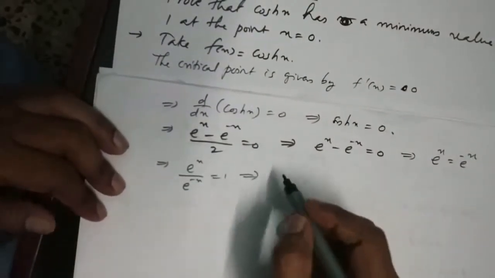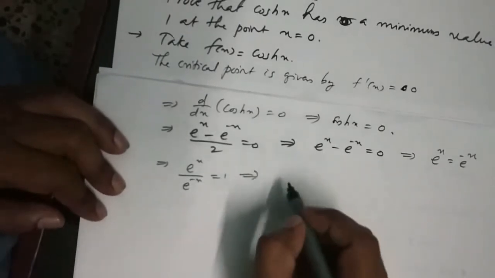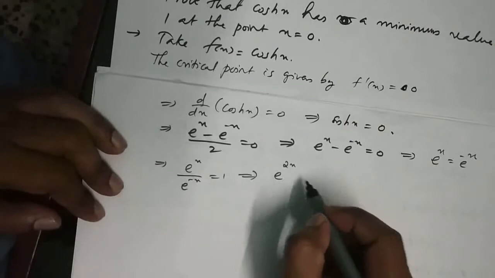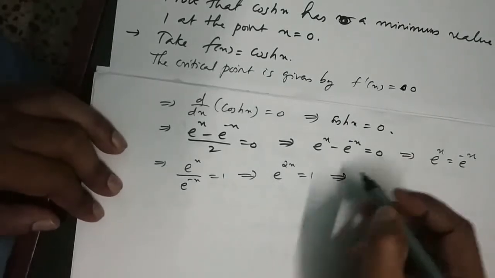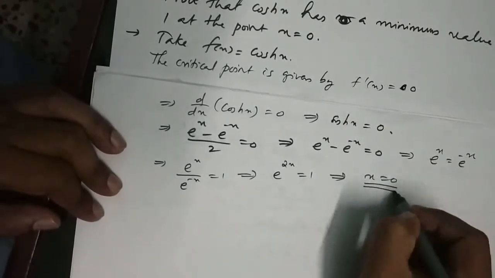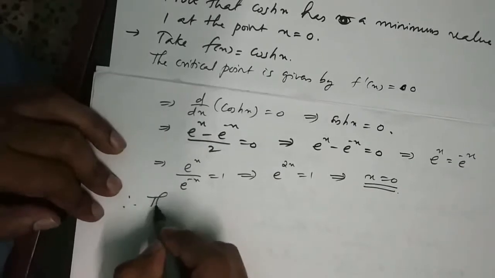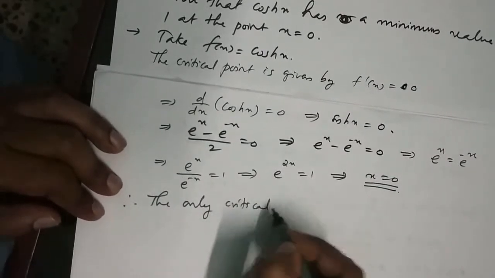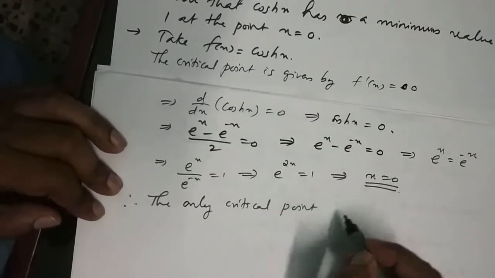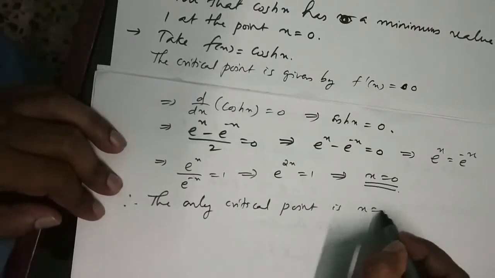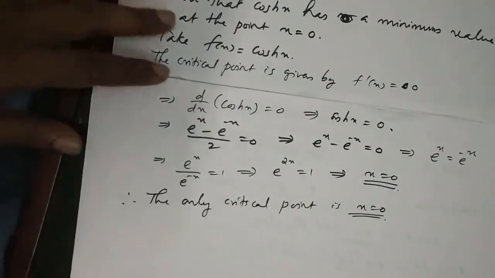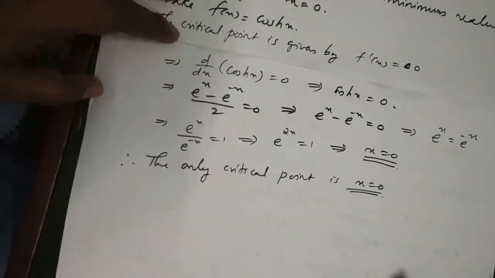That is, e power 2x equal to 1. This is only when x equal to 0. So the only critical point is x equal 0. So the maximum or minimum occurs only at the point x equals 0.